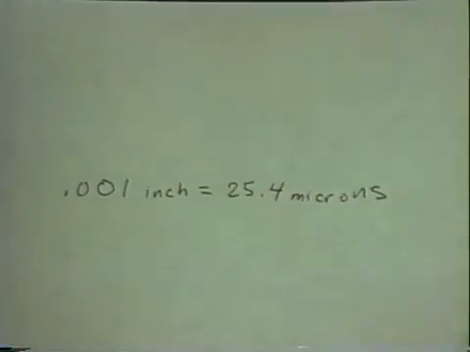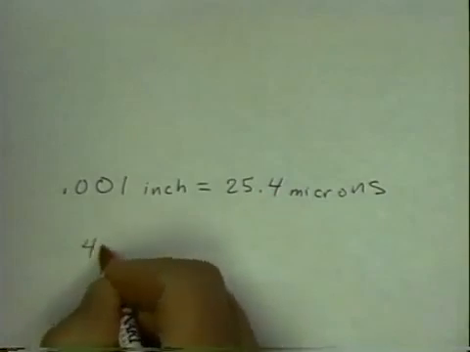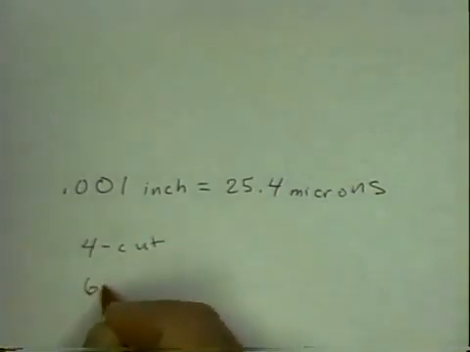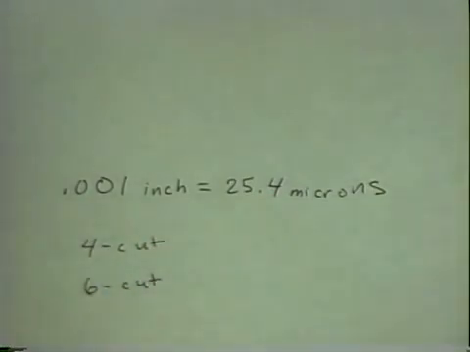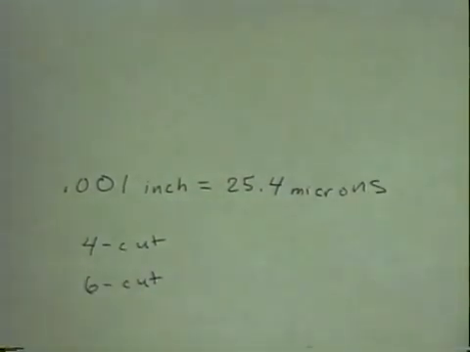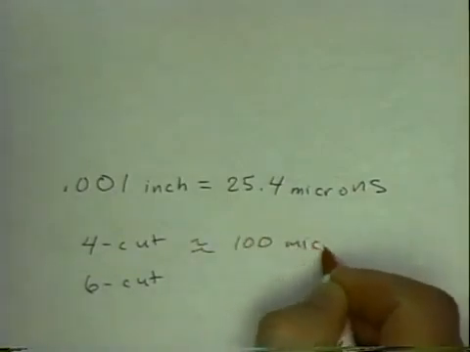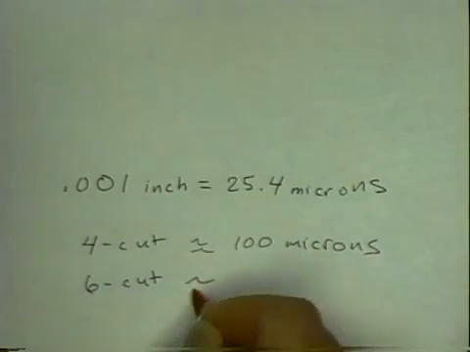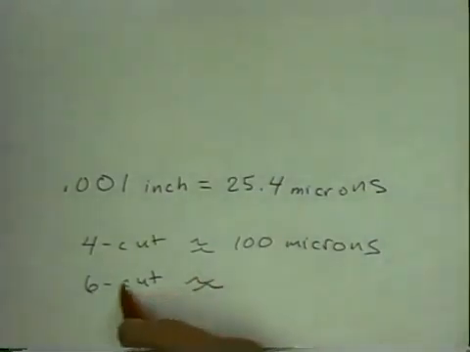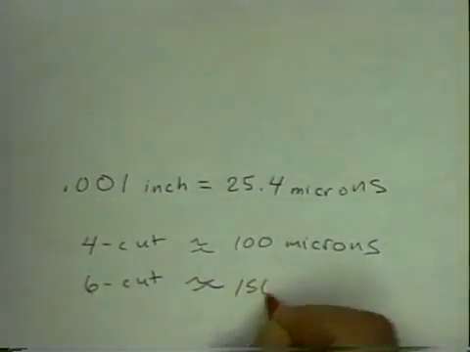Okay, and so like I said, a 4-cut or a 6-cut are the finest slots that you can get. They're not common. So a 4-cut is approximately 100 microns, and a 6-cut is going to be approximately, let me do my math real quick, 150 microns.